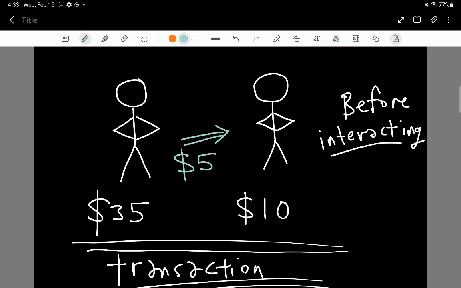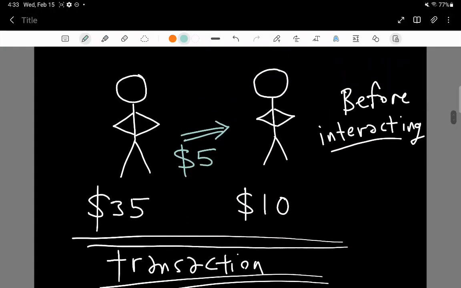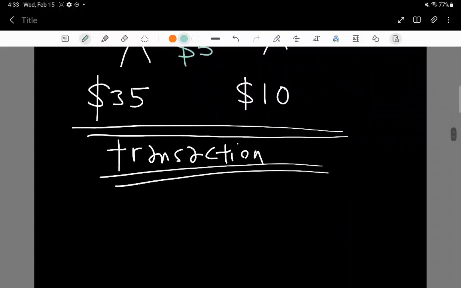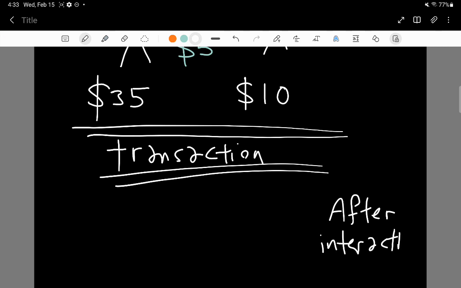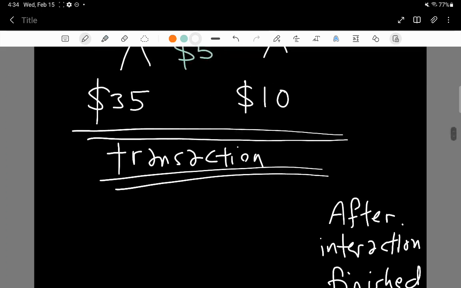So this is the transaction that's about to happen. And so after the transaction, let's figure out the situation. So after the interaction is finished, the world looks a little bit different.